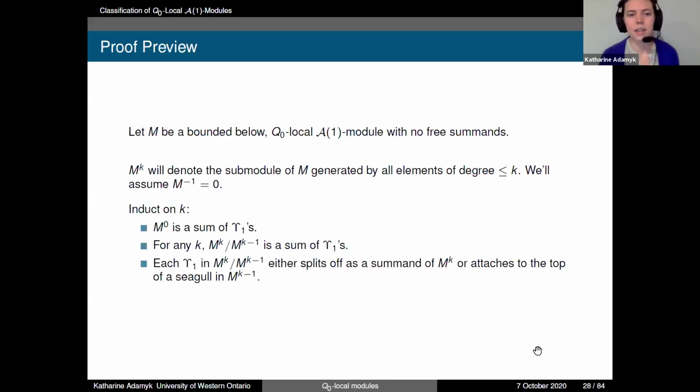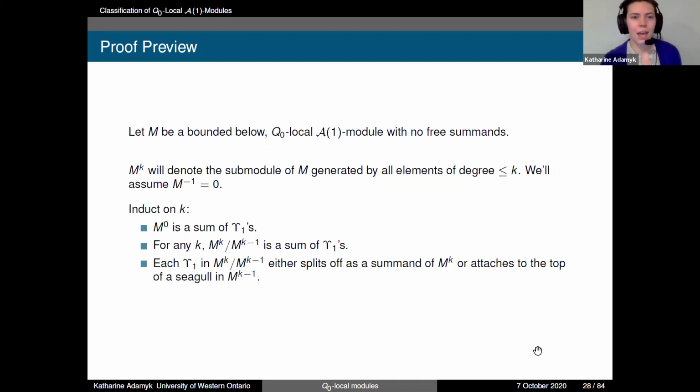So this is a lot of text, but everything that's on here I'm going to show you again in a picture in the next couple of slides. But I'll give you an overview of where we're going. So I'm going to take such a module, it's bounded below, should say finite type as well, and Q-naught local. And because I'm working in the stable module category, I'll take a representative that has no free summands.